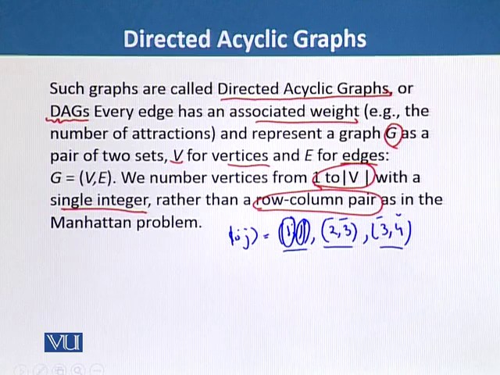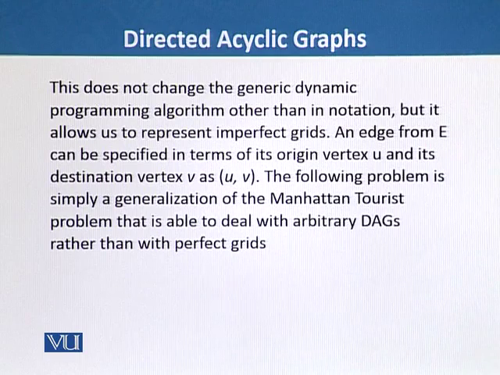But in this directed acyclic graph, the vertex value will be only a single integer. So if the biological problem is in the form of a directed acyclic graph, even then we can use the technique of dynamic programming to solve that problem.